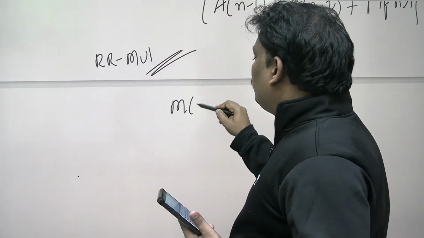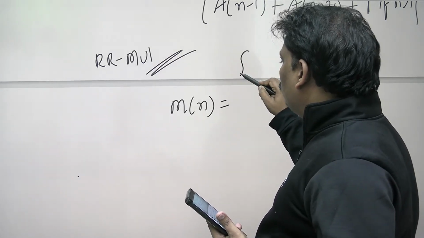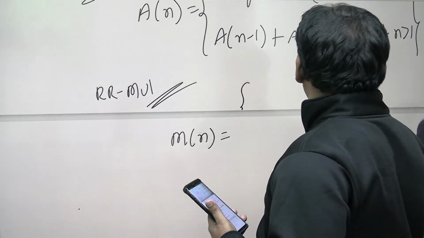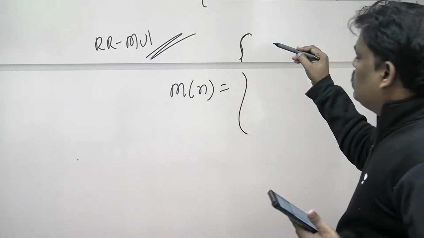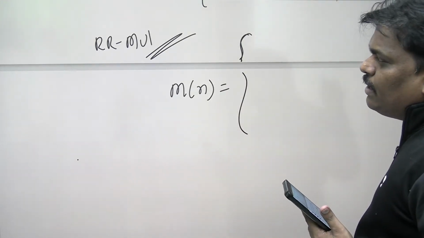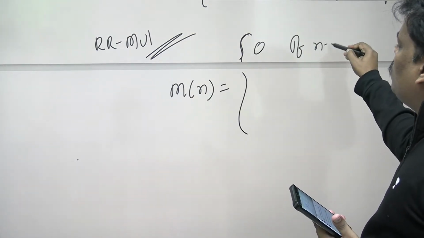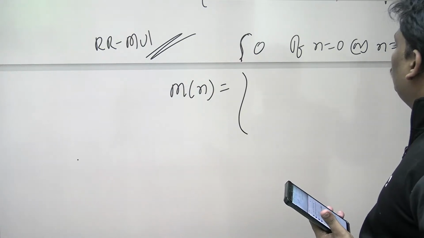M of n is equal to, see the answer. If you observe clearly, in the if part, no multiplication, so 0. If n is equal to 0 or n is equal to 1, 0 multiplication.